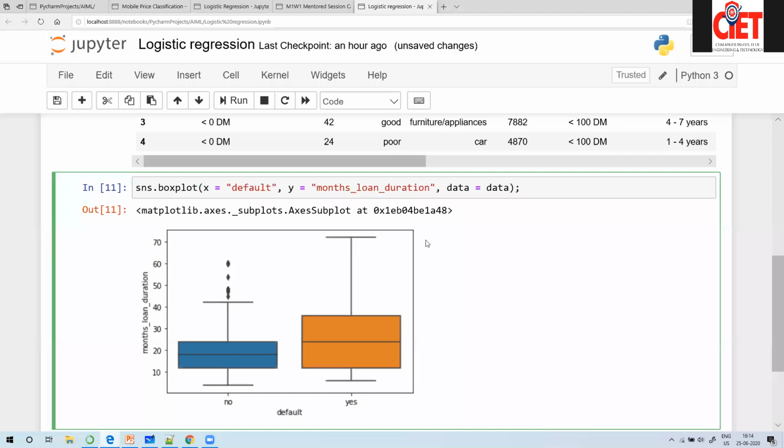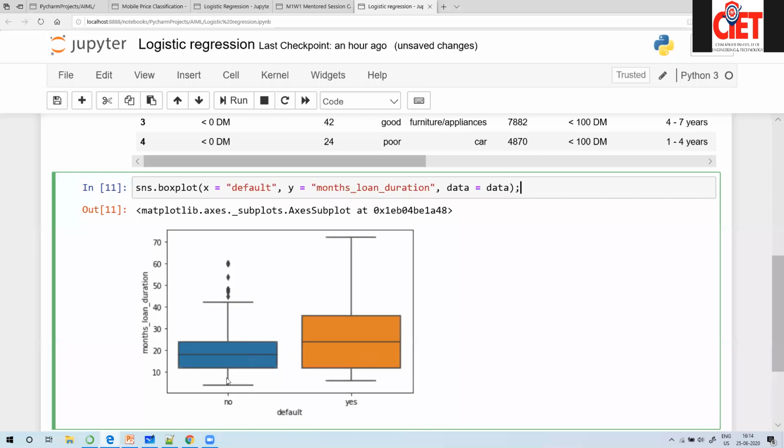Now look at the boxes here. What did I say about a box plot? That middle line here is the median. When customers are not defaulting, look at the median. The median is maybe somewhere around 20, just a little below 20 months, maybe 18 months. When customers are defaulting, this is the duration for customers who are defaulting, and the median duration is just a little about 25.